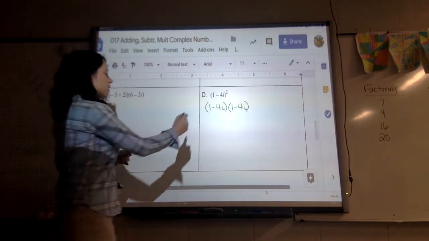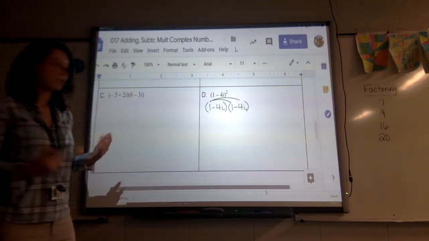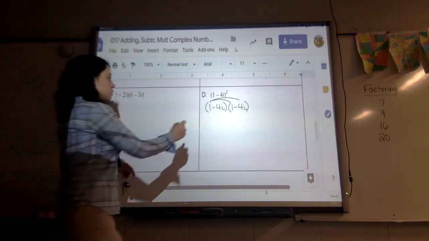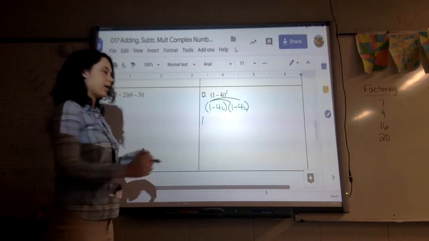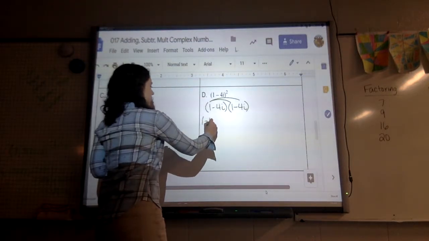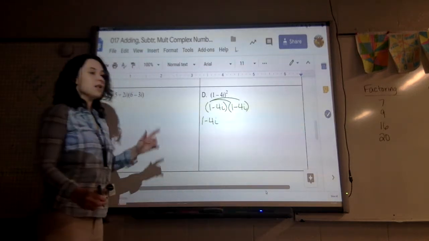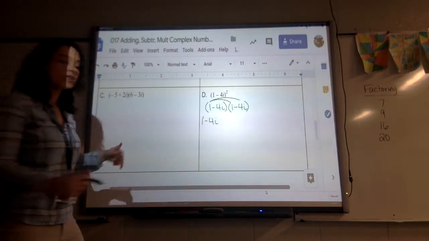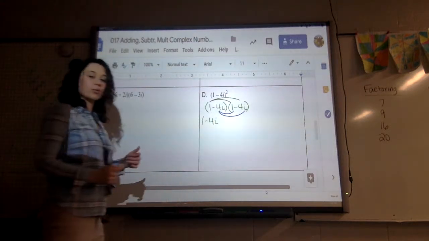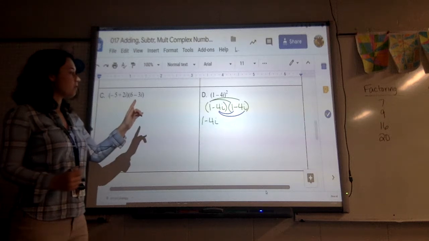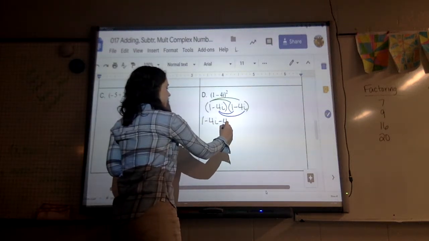So first of all, I take 1 times everything in the other parentheses. So 1 times 1 is 1, and 1 times -4i is -4i. Then I distribute again. I take the -4i times everything in the other parentheses. So -4i times 1 is -4i.